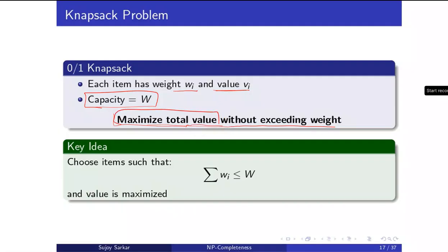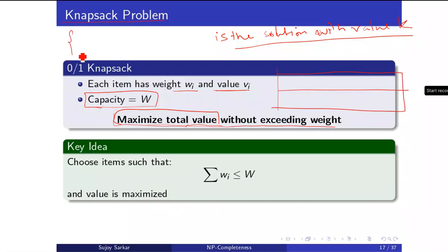Or the decision version of the problem asks, is there a solution with value k? Right. So how can we reduce a subset sum problem into a knapsack problem? We'll reduce it like this.